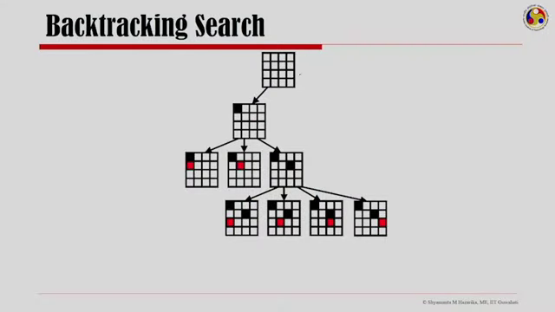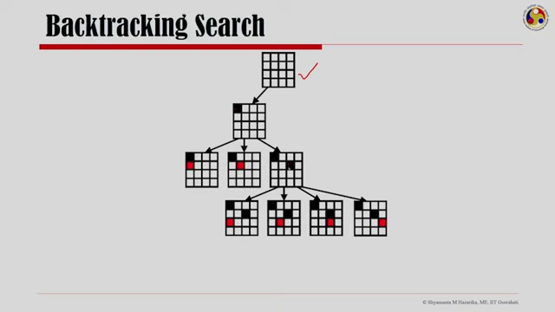So, here is the 4 cross 4 grid, and we start by placing our queen at this location. From the constraints that we have placed ourselves, that no 2 queens should attack each other, we know that this is not a legal position for the second queen, this is not a legal position for the second queen, but the third position on the second row is a legal position for the second queen.